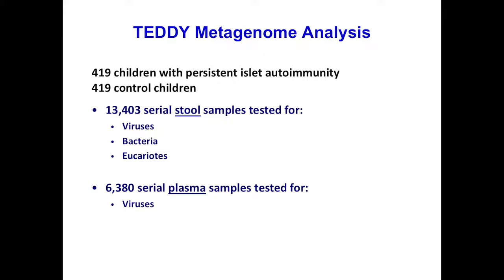You will get a lot of false positive or false negative reports initially, unless the study is really large. So TEDDY is trying to do just that in this nested case control study with 40-some kids who have developed persistent islet autoimmunity and 400 controls, with typing of more than 13,000 stool samples and 6,000 plasma samples to find any RNA, DNA, any sign of life that is not human in those samples, and track it back to the bacteria or virus that it came from.